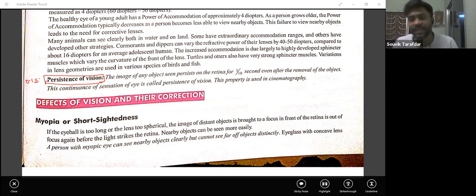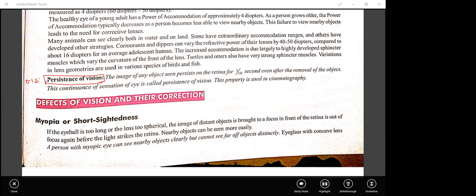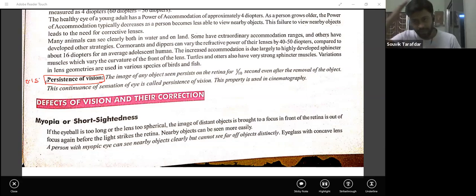Actually, whatever we see, that image remains in our brain for 0.1 second, or 1/10th of a second. Understood? At this moment you saw me at this position here. This image will remain in your brain for 0.1 second.